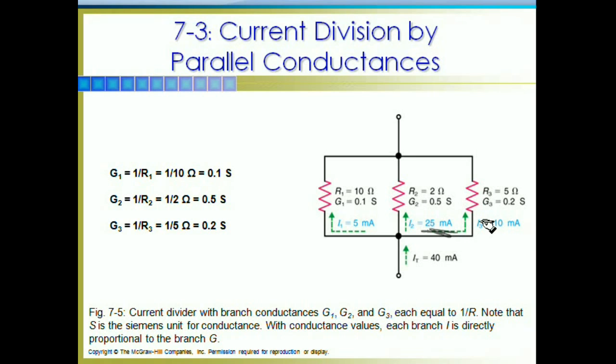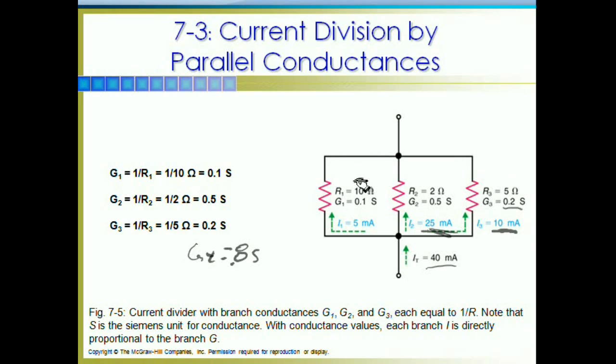And finally, I got to re-annotate that, 0.8 Siemens. So I end up with, for R3, 0.2 Siemens over 0.8 Siemens times 40 milliamps. I'm going to end up with 1/4 of 40 milliamps, or 10 milliamps.